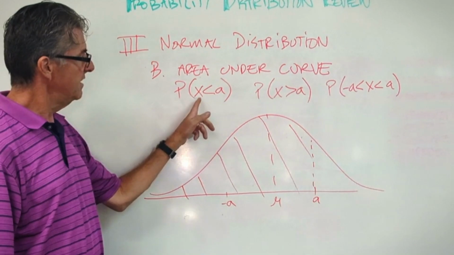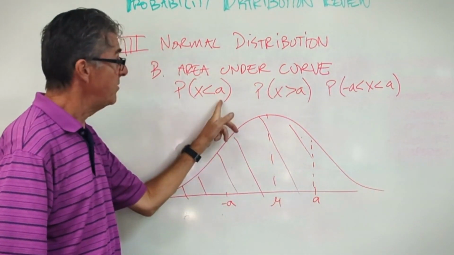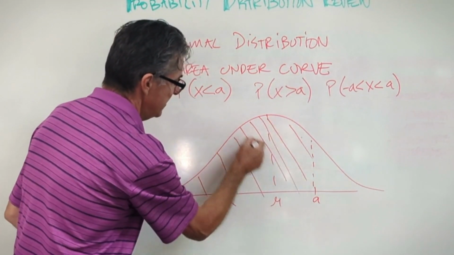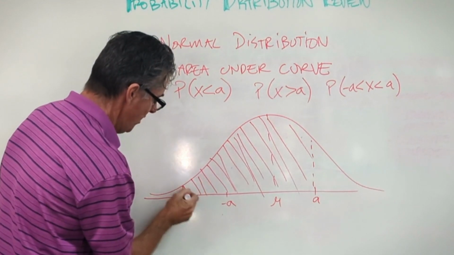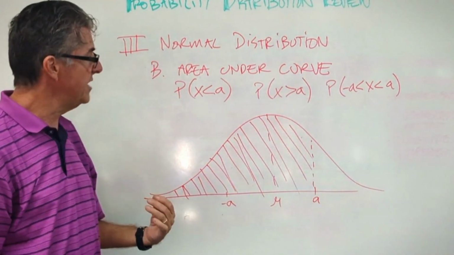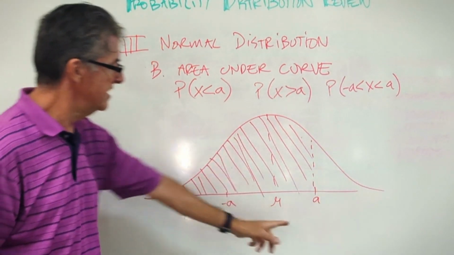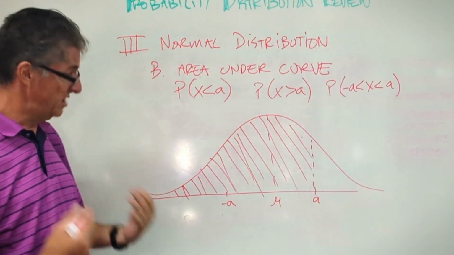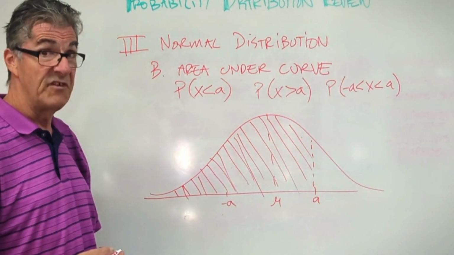Less than A means that we are less than A. Notice how that's a positive A there. So it's all this area here to the left of our positive A. Whatever this area is under my curve, that totals up the probability that x, the random variable x, is going to be less than that value. We use the calculator to calculate those values, but you have to understand it in terms of the graph. I think that's very helpful.